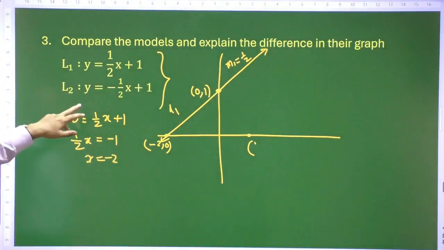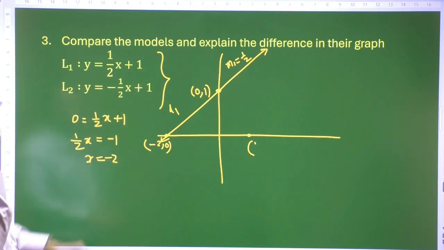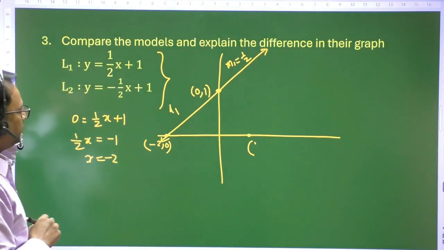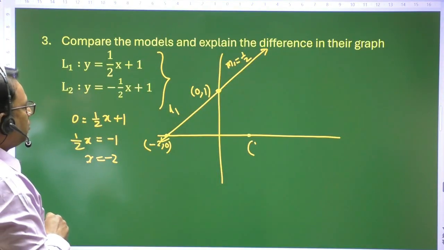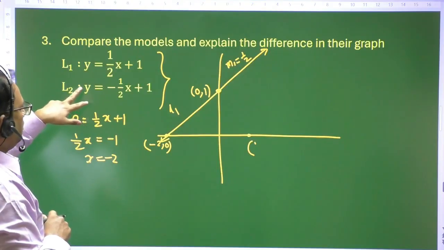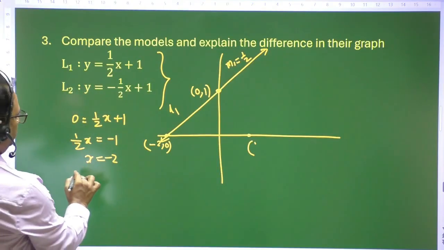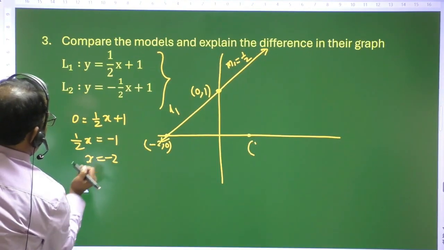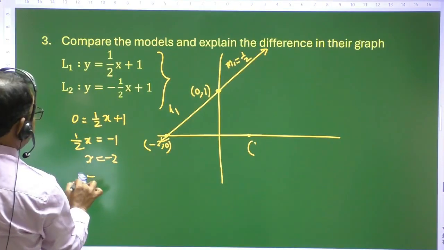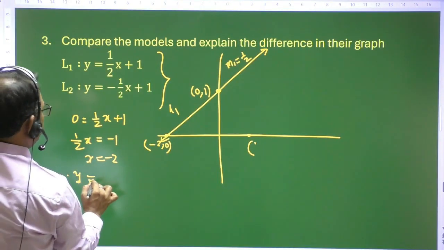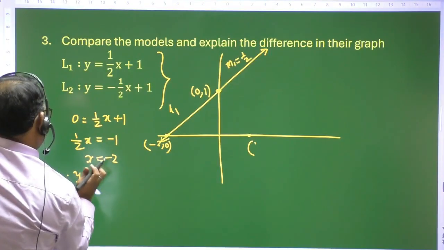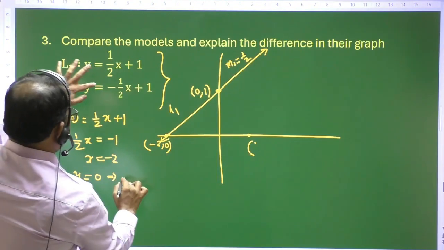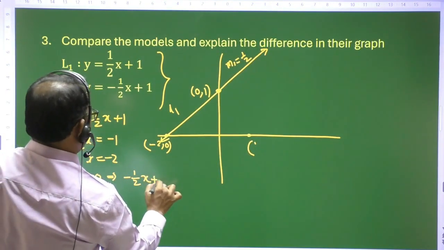Now here when you put x 0, y is also 1. When you put y equal to 0 in the second equation, then y is 0 implies minus half of x plus 1 equal to 0.